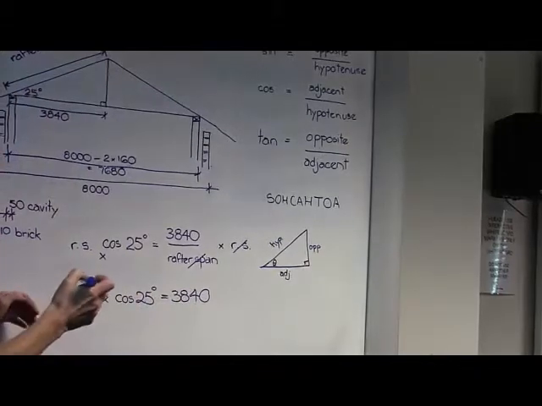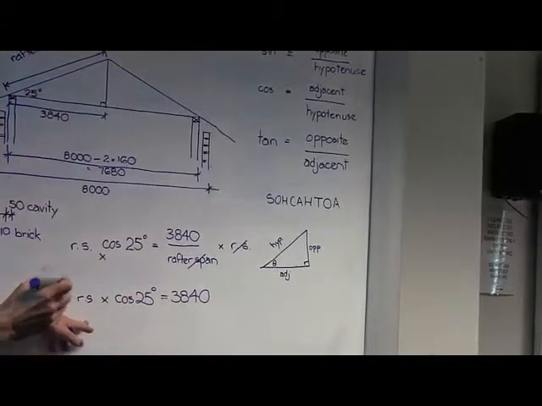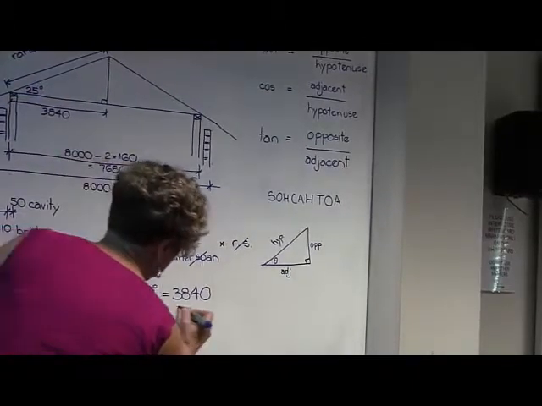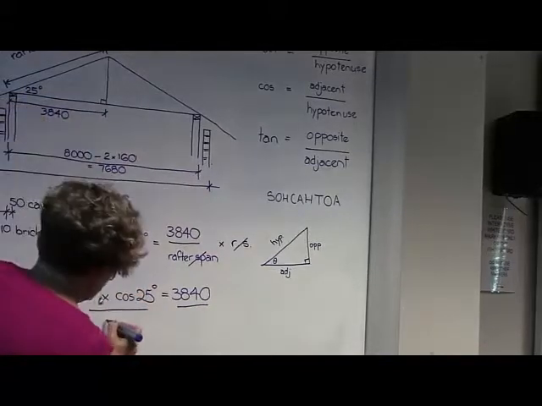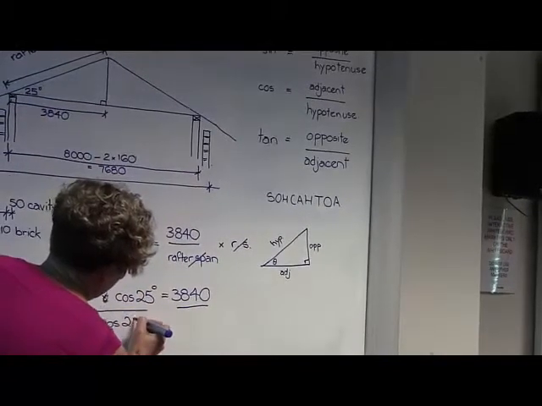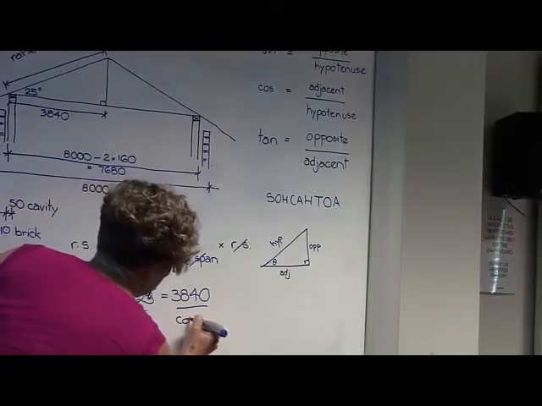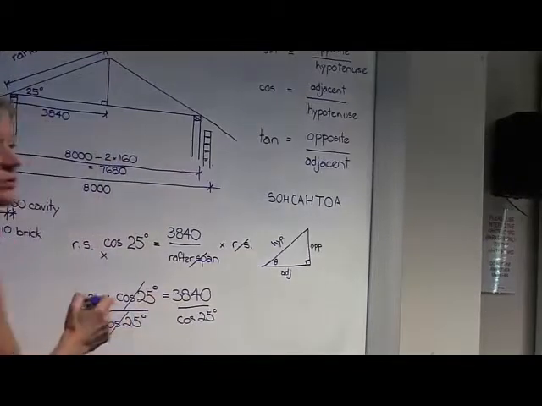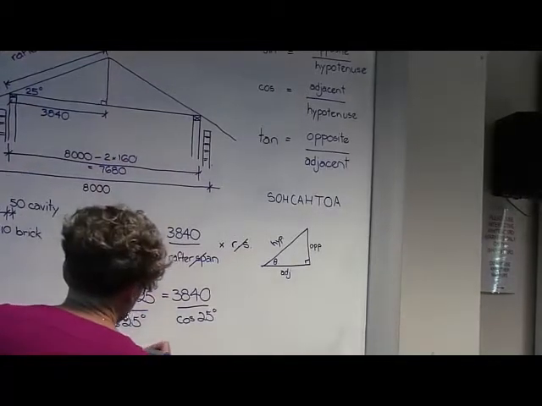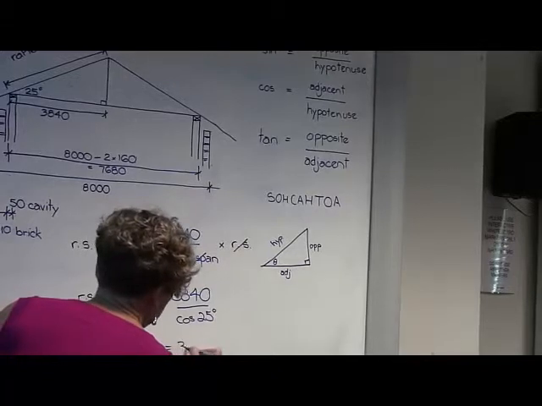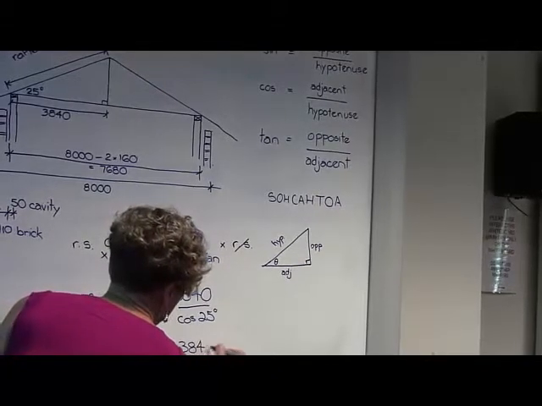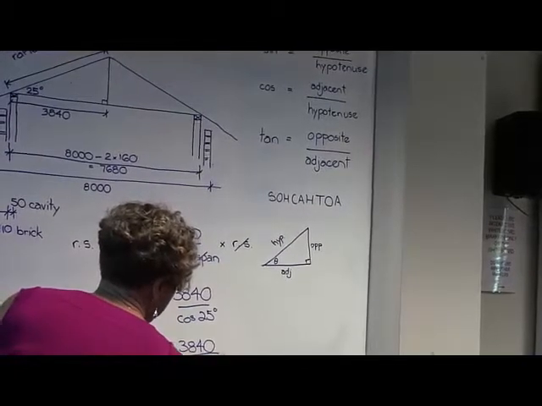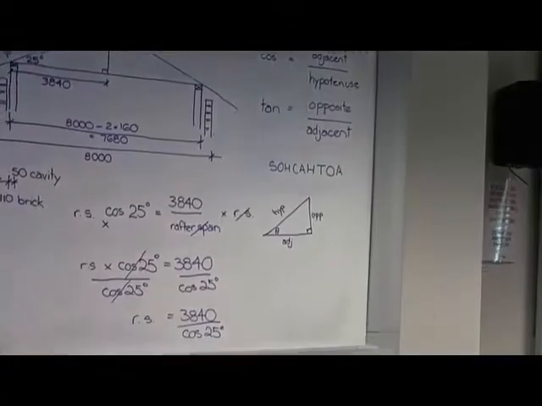It's still not ideal; I like to have rafter span equals. So I divide both sides by cos 25, they cancel, and I end up with rafter span equals 3840 divided by cos 25. And that I can just put in my calculator.